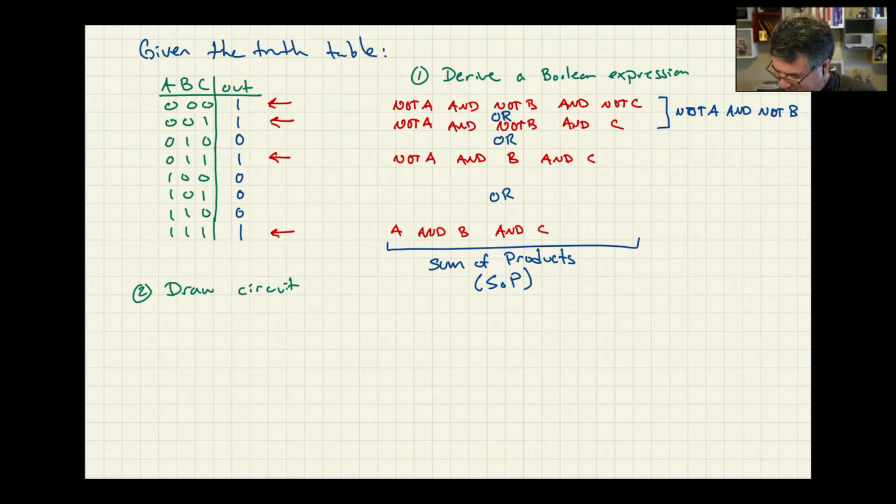All right, and then let's look at these last two expressions. I'm trying to draw a straight line and it's not coming out. There we go. So what do these two rows have in common? All right, so you look at these two values here, and what I see is that both B and C are 1. A can be either a 0 or a 1, so its value doesn't matter.